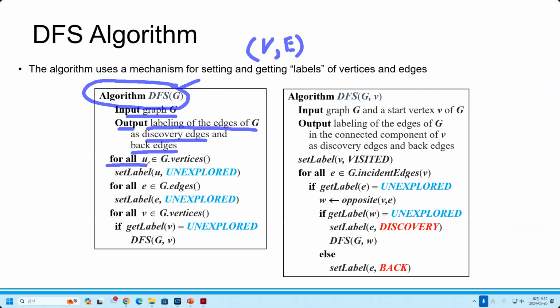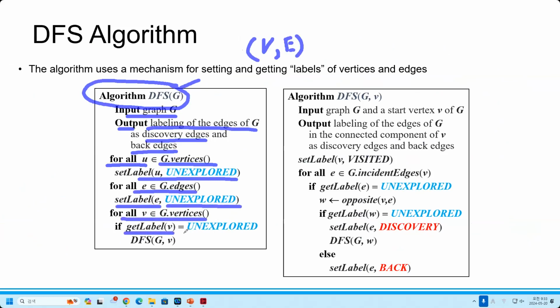So for all U in the vertices of the graph, we will set it as unexplored. For all E in the edges, let's set them as unexplored. Then for all V in the vertices, let's get the label.